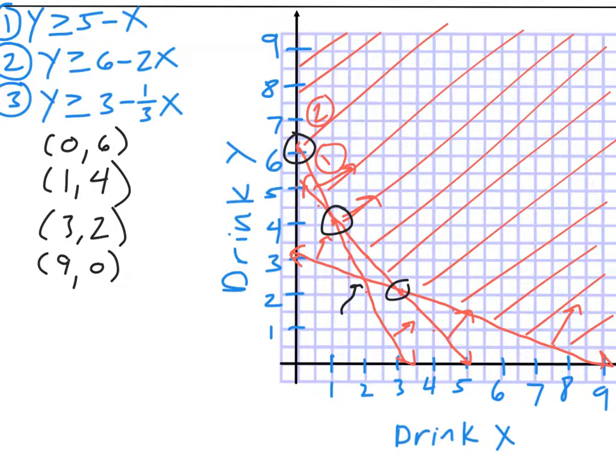That didn't make the cut, because that looks like it is where, I suppose I didn't label constraint number 3, did I? That is where constraint 2 and 3 meet. But it's outside the feasibility region formed by 1, which was the calorie constraint.